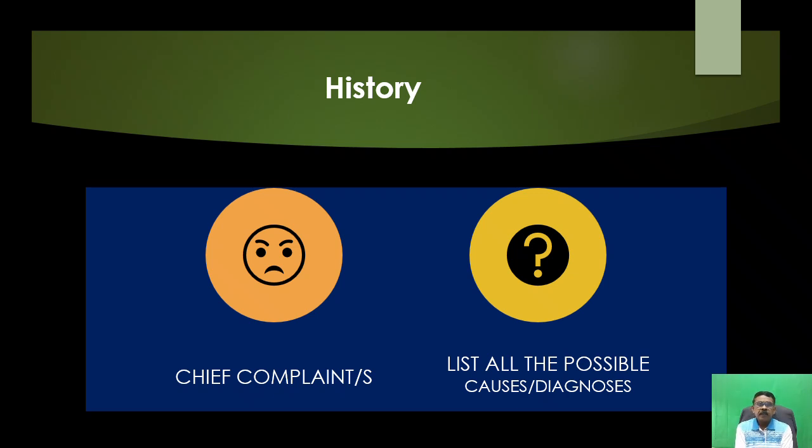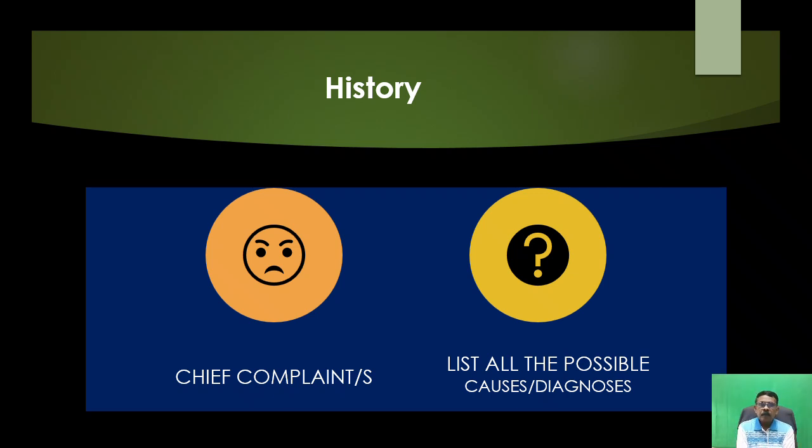The first thing when you approach the patient is to get the history. Although it is very simple, it is the most important part of the examination. The history is headed by the question, what is the chief complaint?